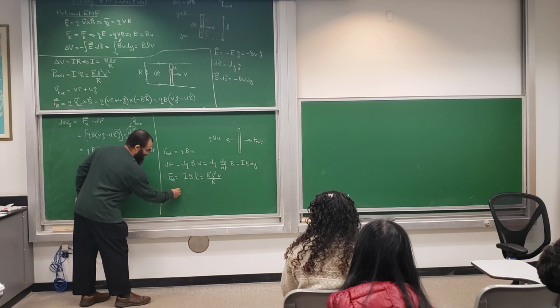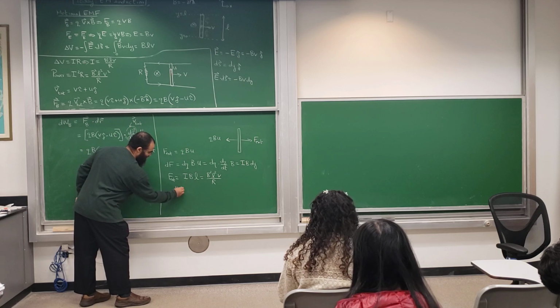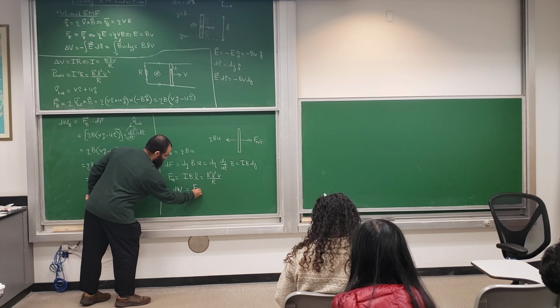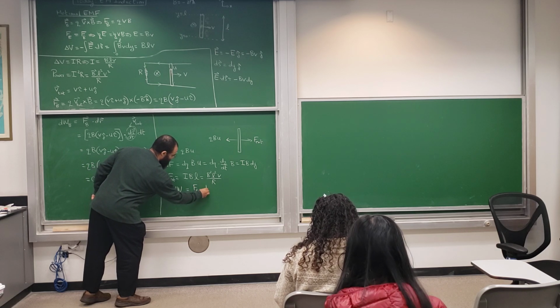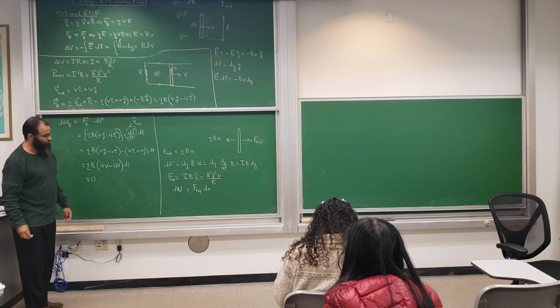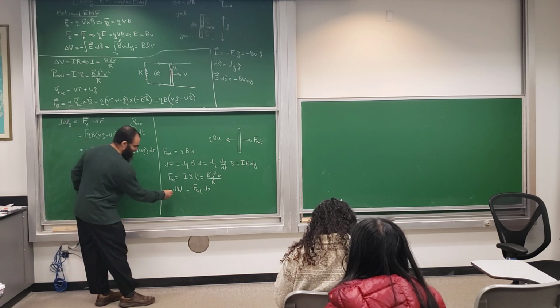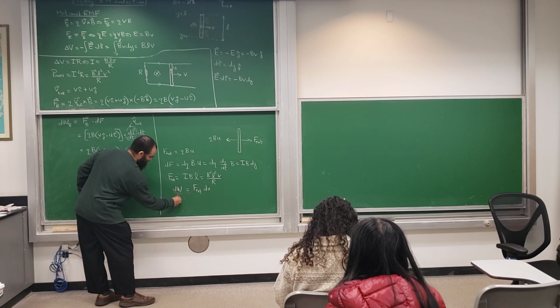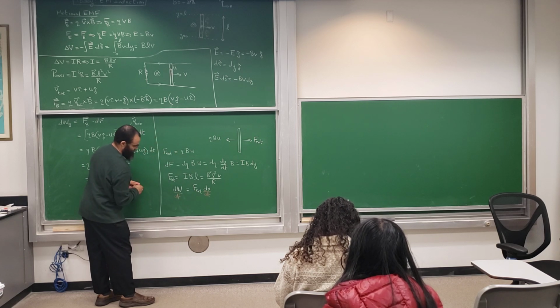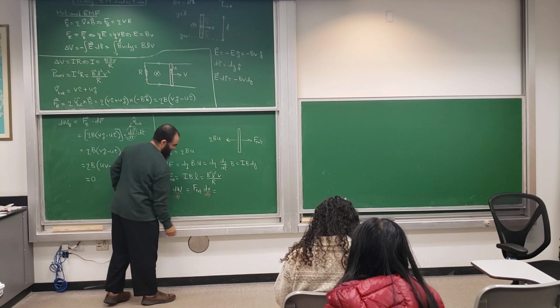So dW, the work done by the external force, is equal to F external dx, right? It's in the x direction. That's the displacement. Let's divide both sides by dt. What's dx dt?